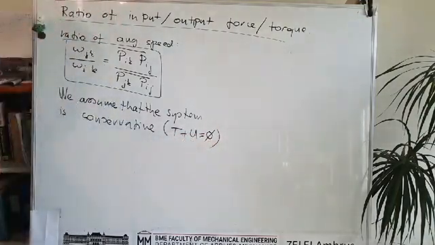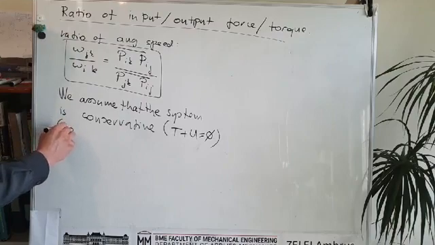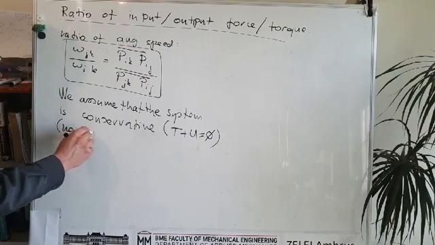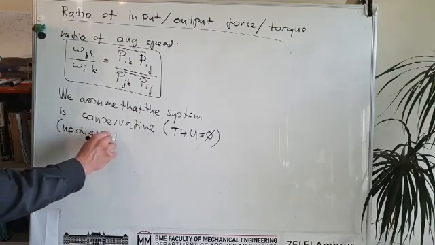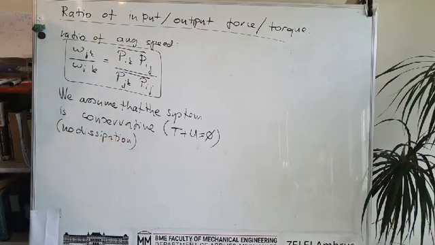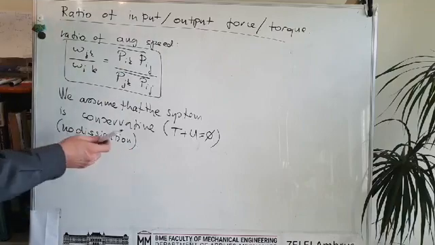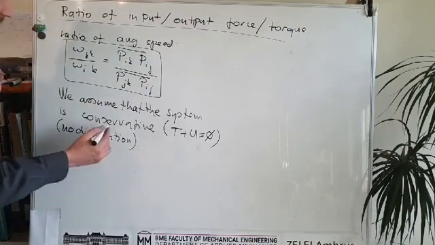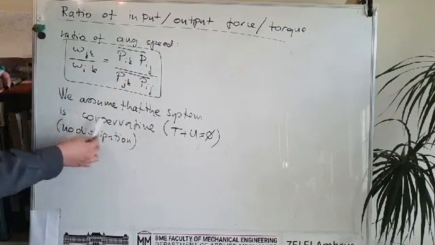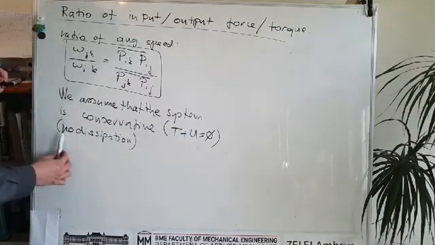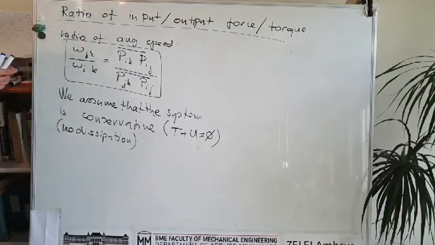So there is no dissipation. That's another definition. There is a big argument about conservative systems actually, but for now we will say that a system is conservative if this is true or there is no dissipation.